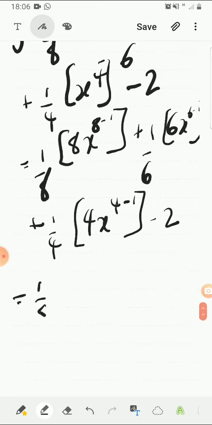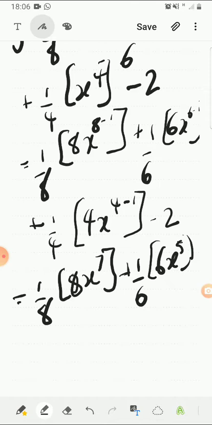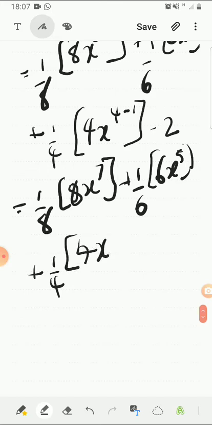So what you have is 1 over 8 into 8 x raised to the power of what? 7, plus 1 over 6 into 6 x raised to the power of what? 5. Then plus 1 over 4, 4 here, x raised to the power of what?